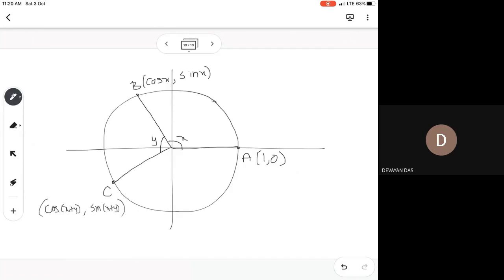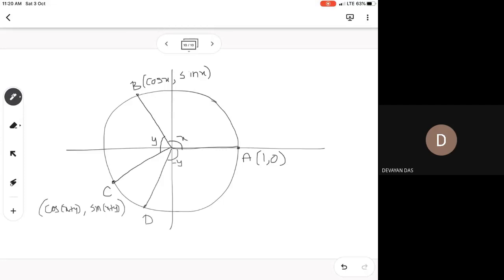Okay, and you take that point D in such a way that it is making an angle of y. But as it is going in a clockwise direction, it will be represented with a negative symbol.